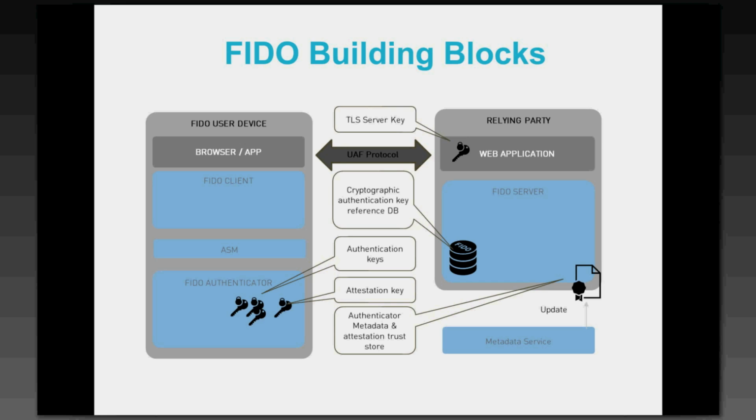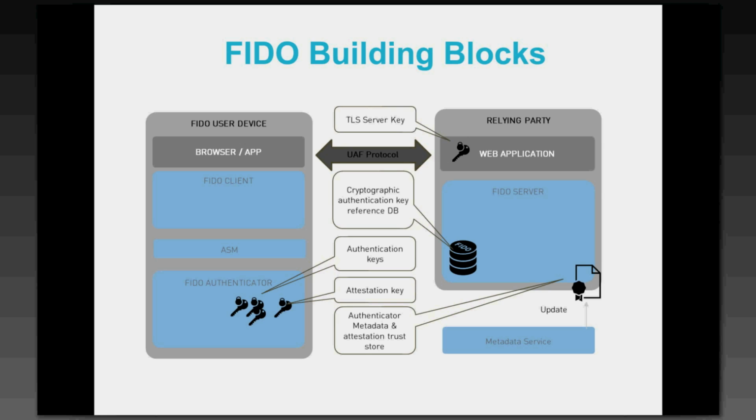Will there be, this is the last question, will there be a standard FIDO client defined by a FIDO best practice for multiple devices that can be used by any relying party? So the FIDO Alliance itself does not write code. So FIDO Alliance will not implement that FIDO client.